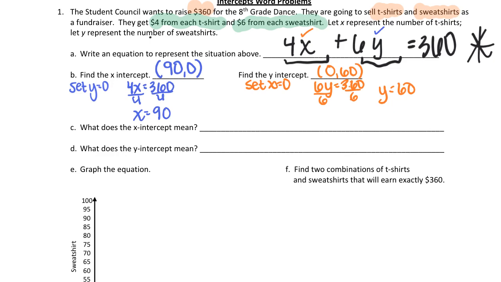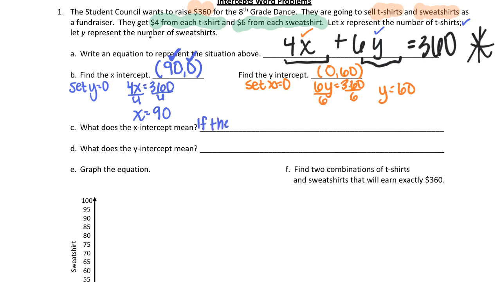Now, this is a contextual problem. These points actually mean something. So let's go back and look at the point 90, 0. Remember, in the X spot, the X, they tell us, stands for the number of t-shirts. So that tells us if they sold 90 t-shirts and 0 sweatshirts, they would make $360.